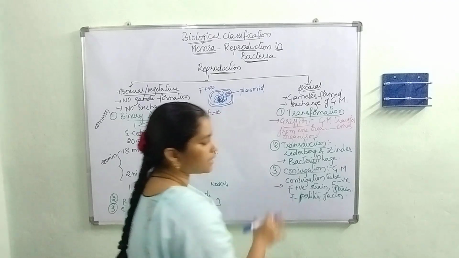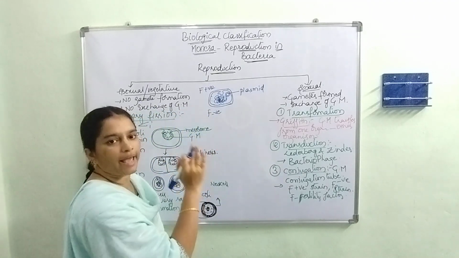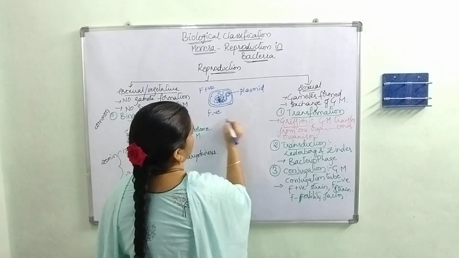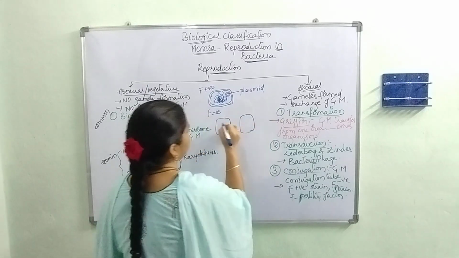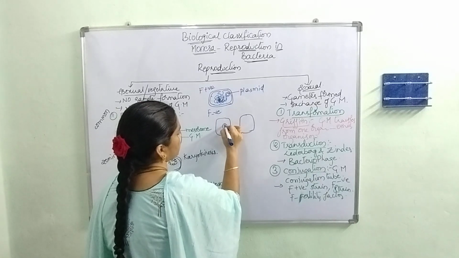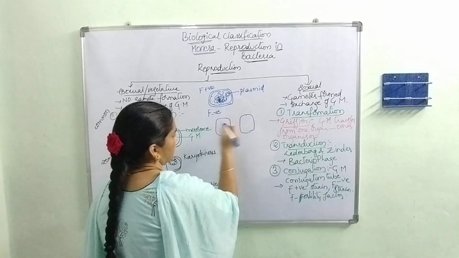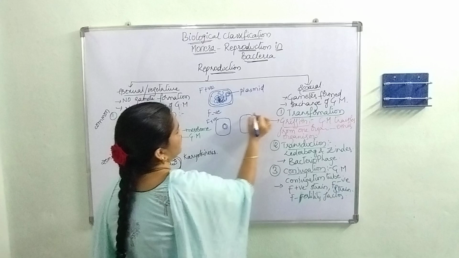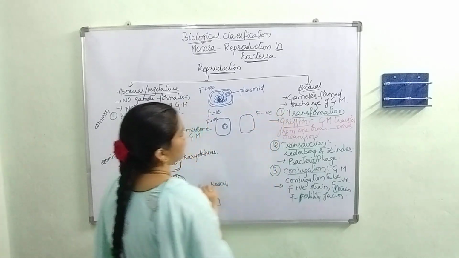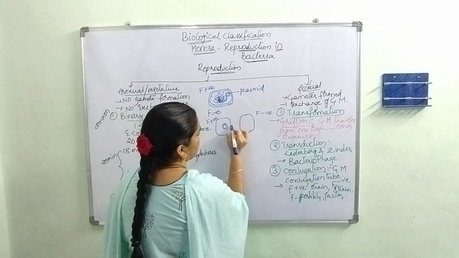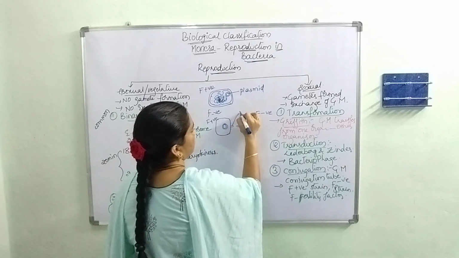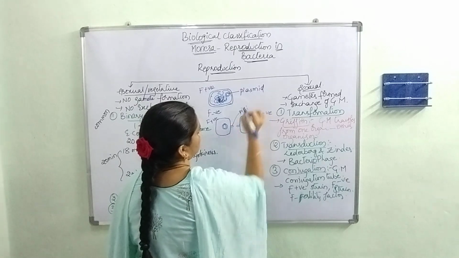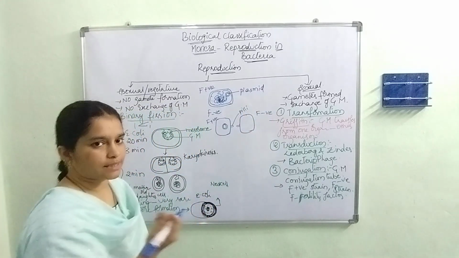So conjugation occurs between F positive and F negative strains. Let us take two cells, F positive and F negative. This is the plasmid-containing cell, that is the F positive one, and this is the F negative one. Now there is a small flap-like structure called pili, which we can call sex pili.